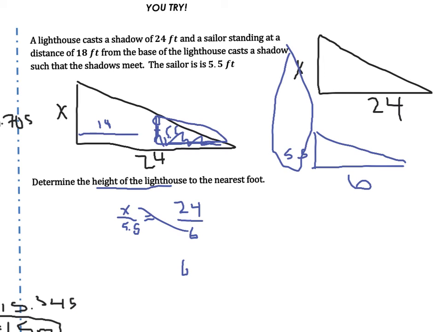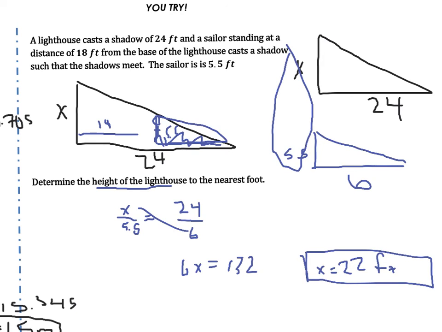So 6x equals 5.5 times 24, 132. Divide both sides by 6, and x equals 22. So it's always smart to think about, does my answer make sense?